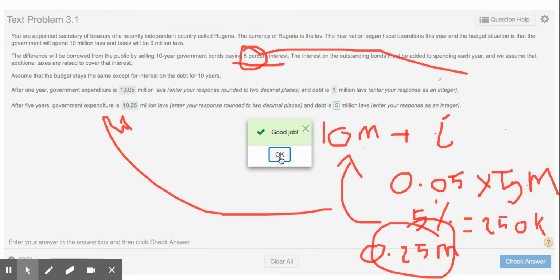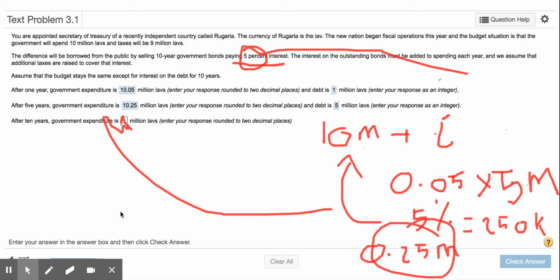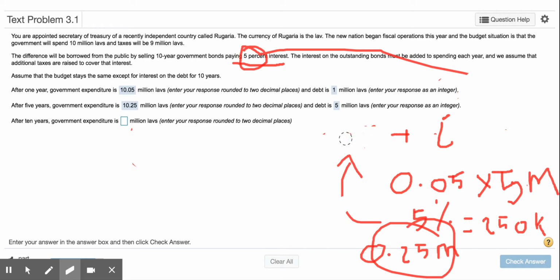So at the end of the period, in 10 years, right? We're paying 5%, and we're running a deficit in the amount of 10 million, right?